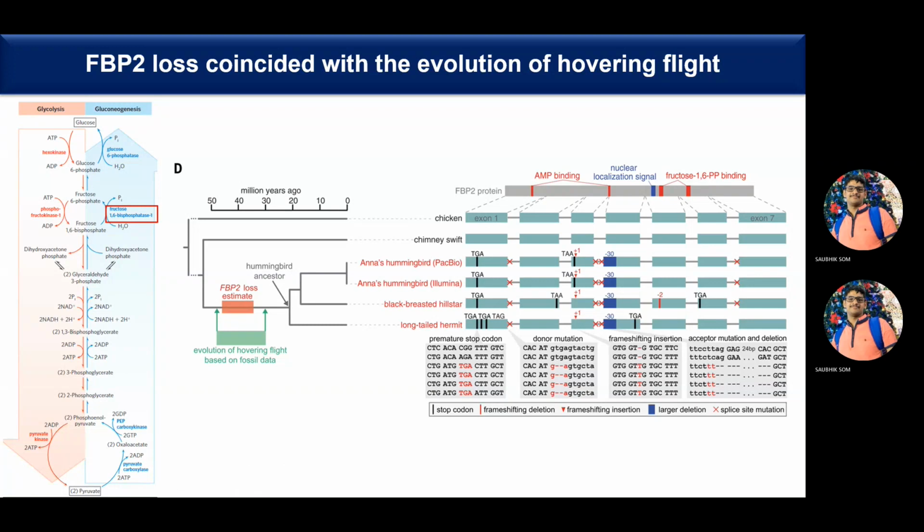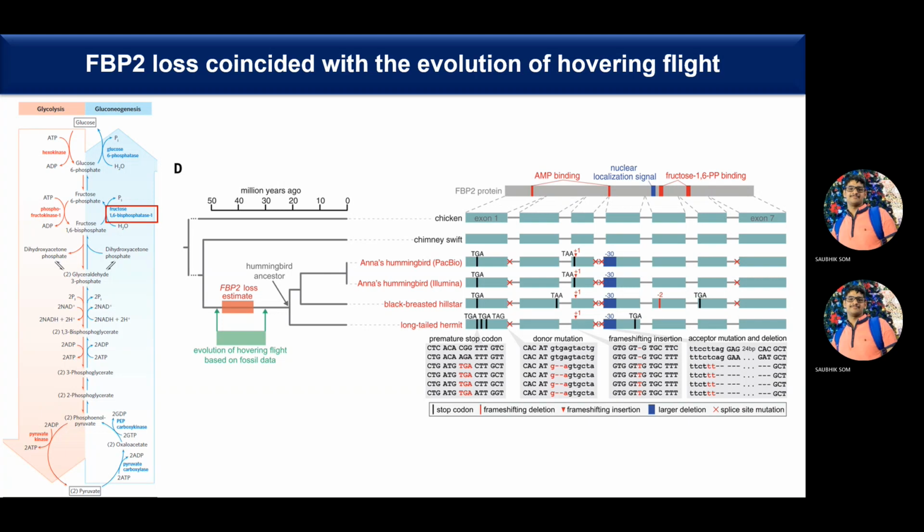Now, gluconeogenesis means you are always going back, from pyruvate to glucose. Glycolysis goes from glucose 6 phosphate to pyruvate, and here you are going back. Going back, only a few steps need to be changed.